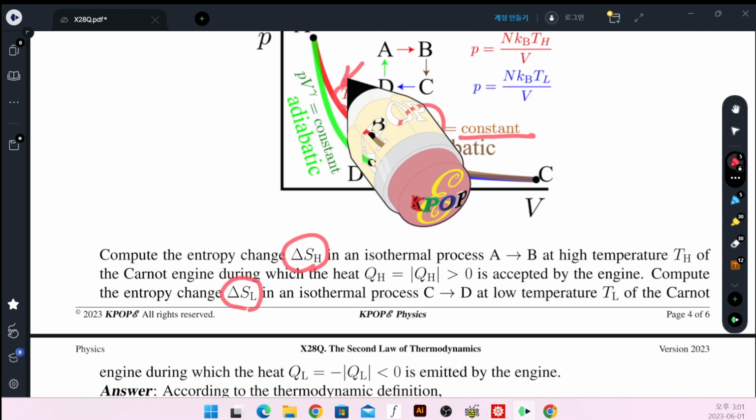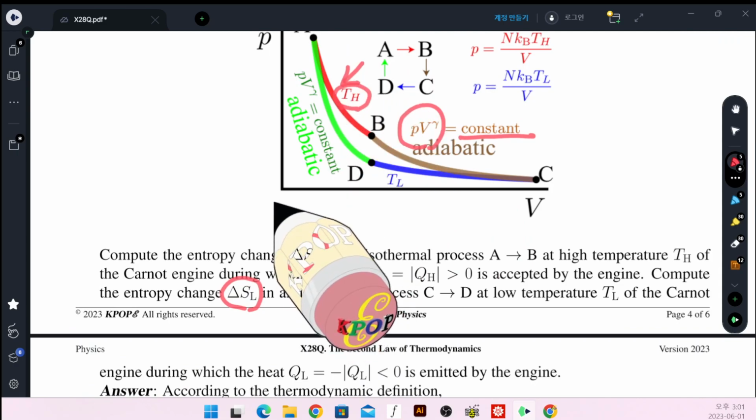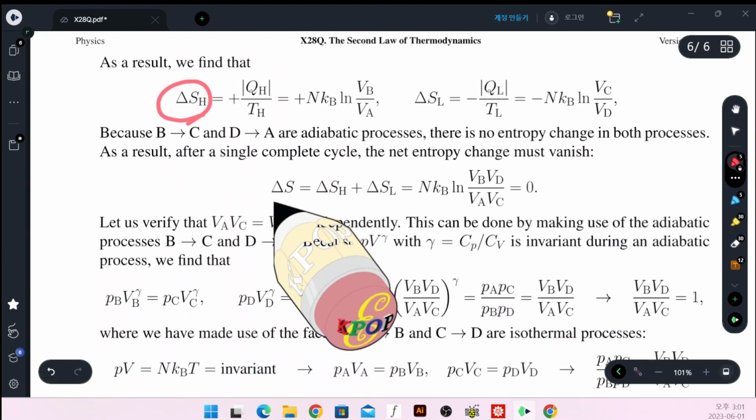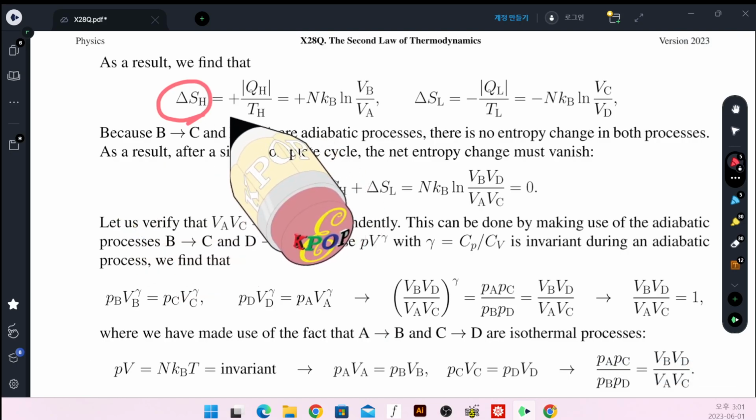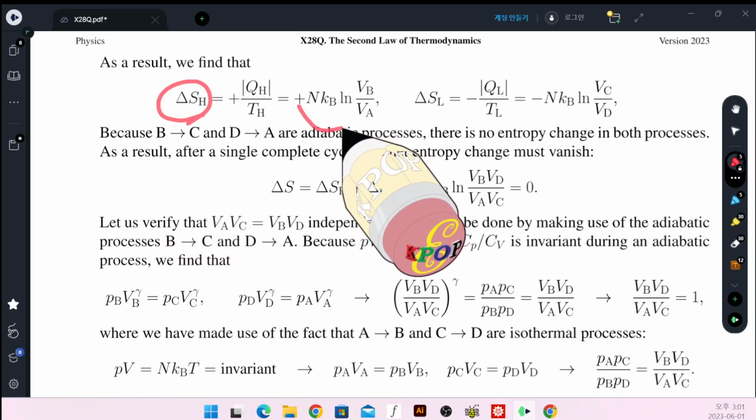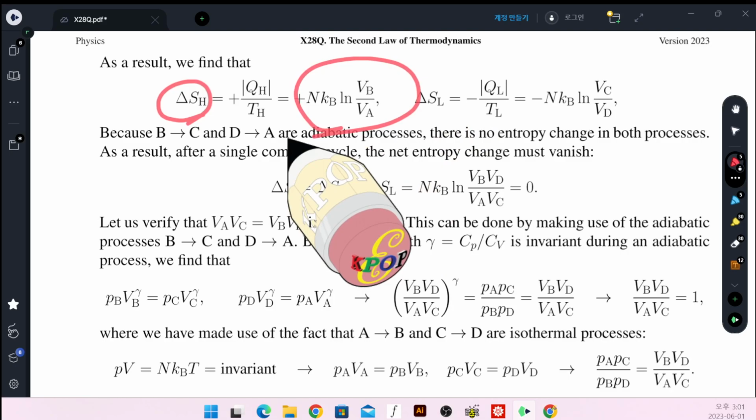The heat is completely transferred to the work, and temperature is fixed, so the temperature cancels, and finally we have this kind of form.